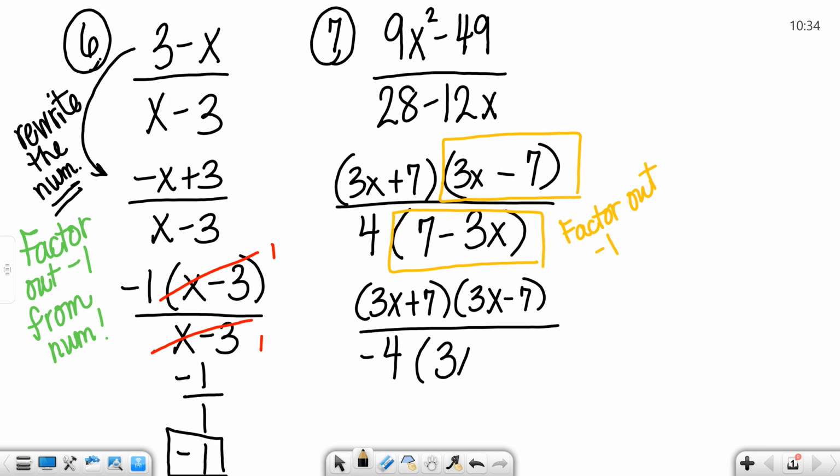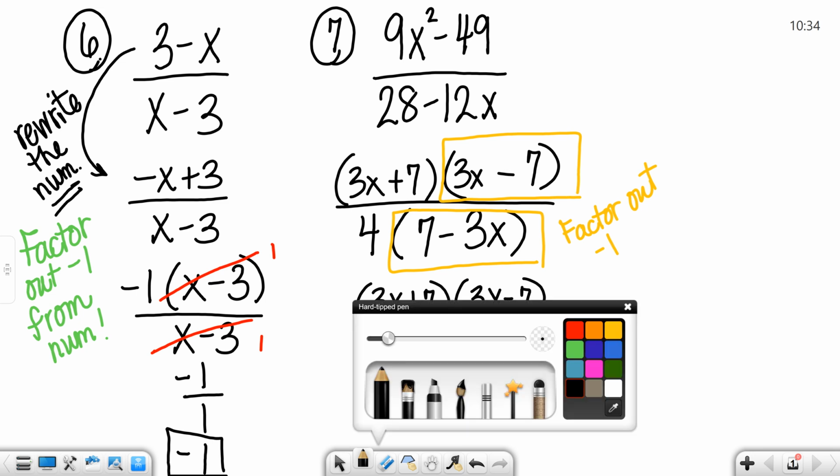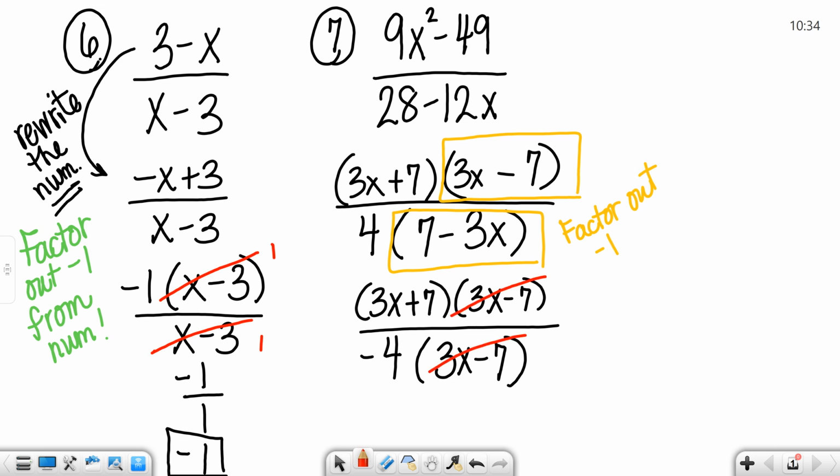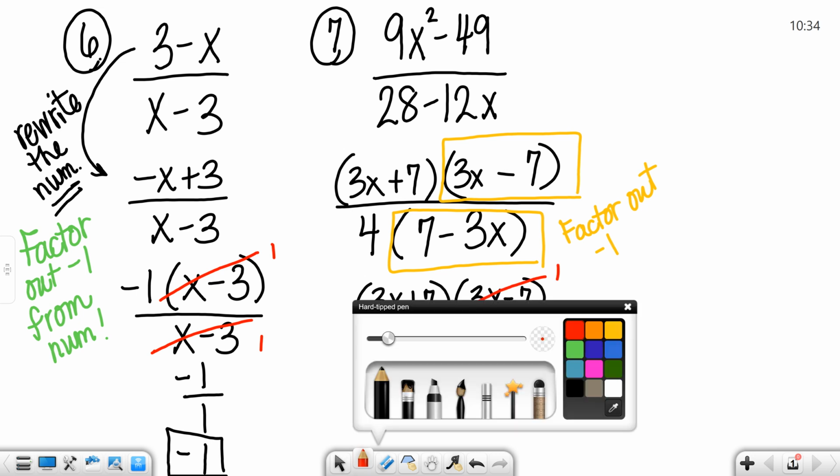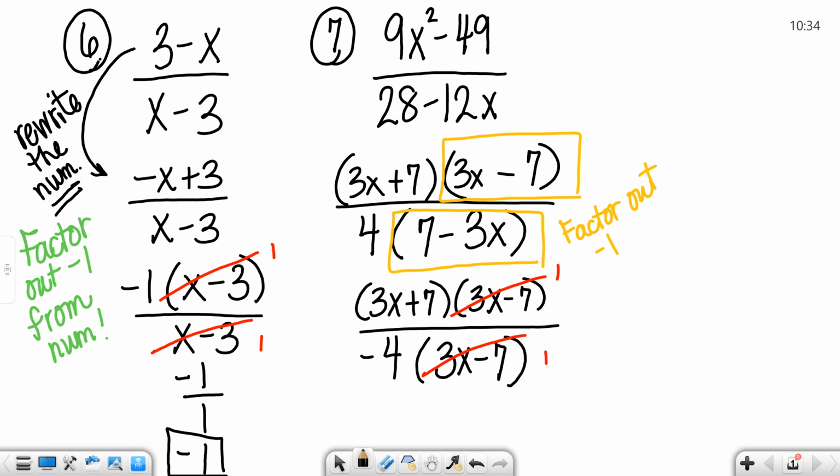And then I can turn this around to say 3x minus 7, because it makes the 3 positive and it makes the 7 negative. Now I have common factors that can divide out. And my solution would be 3x plus 7 in my numerator divided by negative 4 in my denominator.